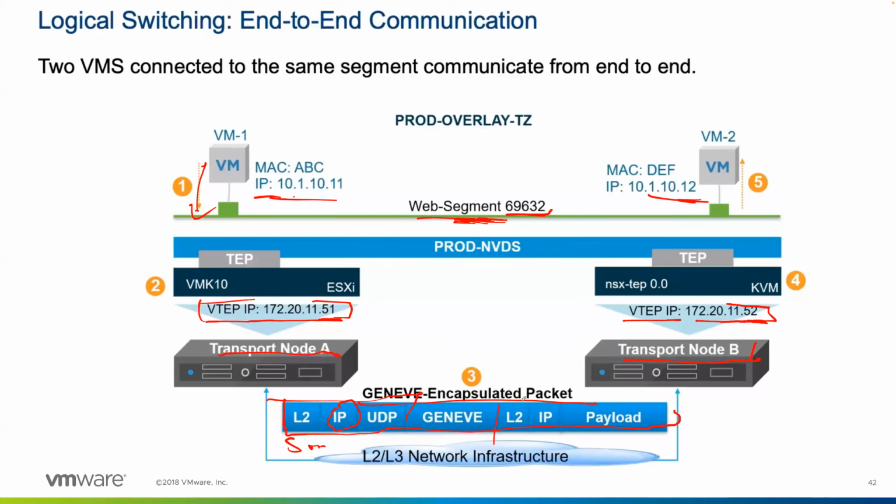The original packet that virtual machine 1 sent out stays the same, but gets embedded into the whole Geneve encapsulation. That's how VM1 communicates with VM2.